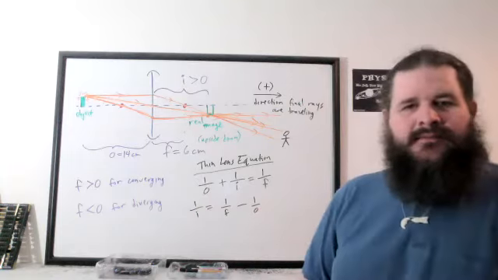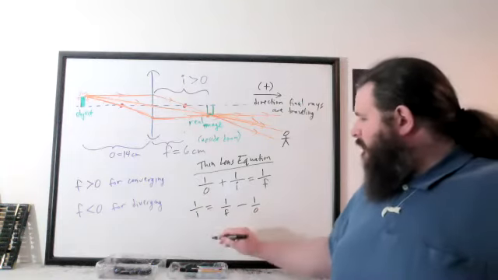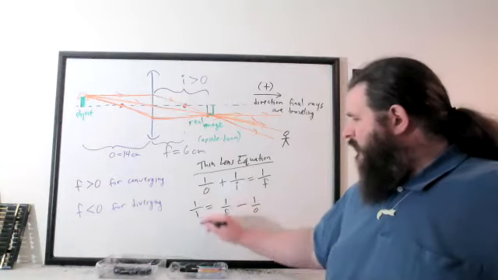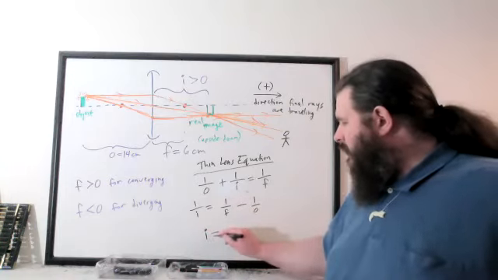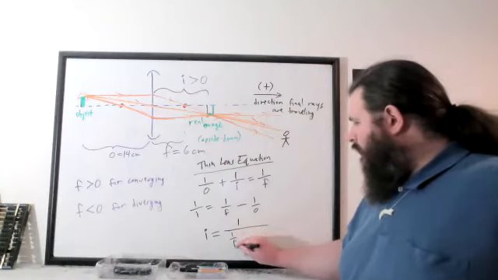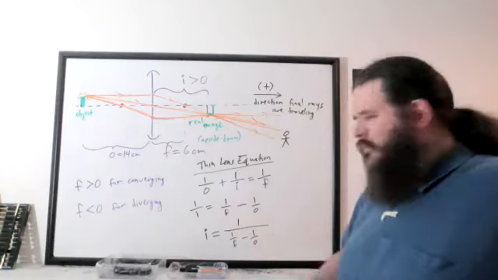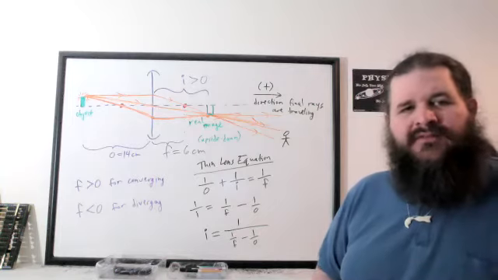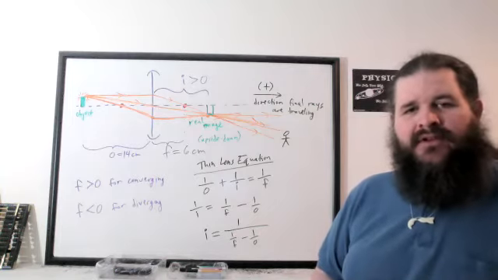And then what? Yeah, we'd have to invert. The only problem is if you invert both sides, 1 over I inverted becomes I. But this whole thing inverted becomes 1 over F minus 1 over O, which works, but it's really inconvenient to deal with fractions within fractions.